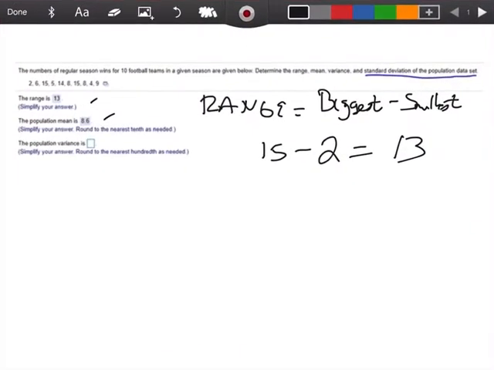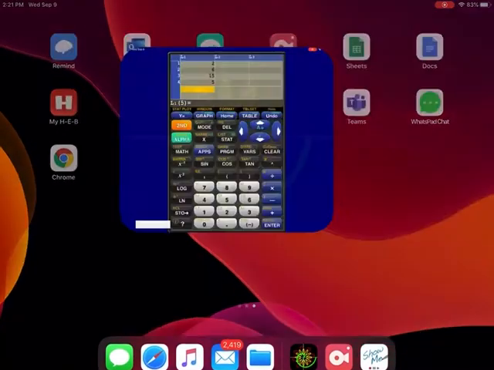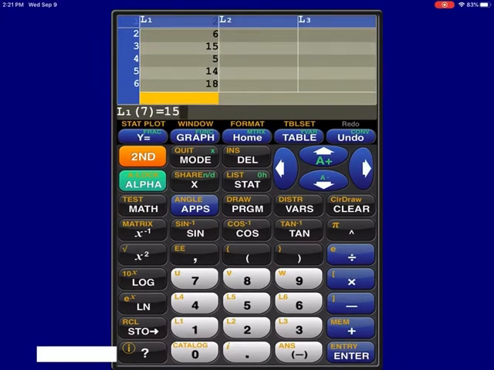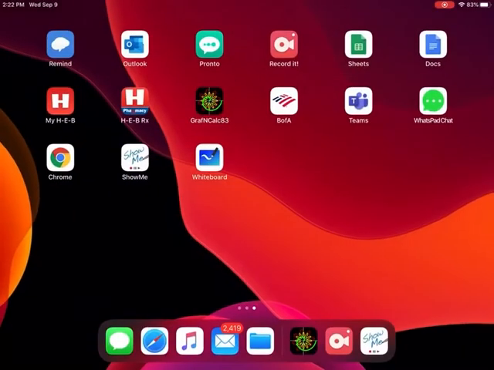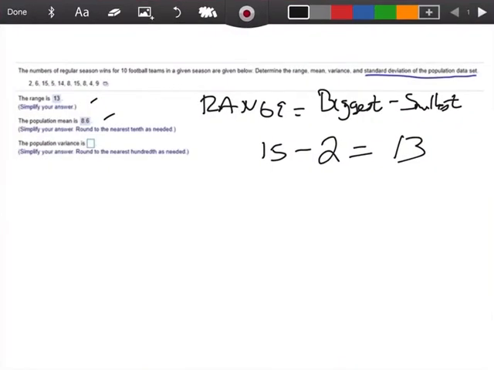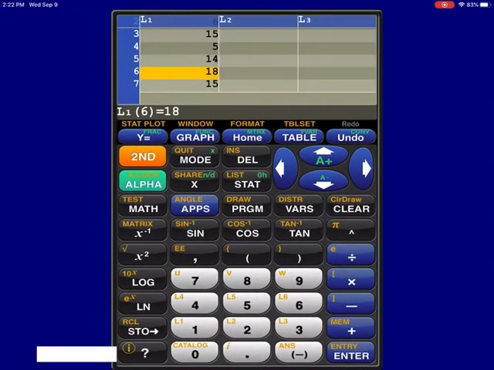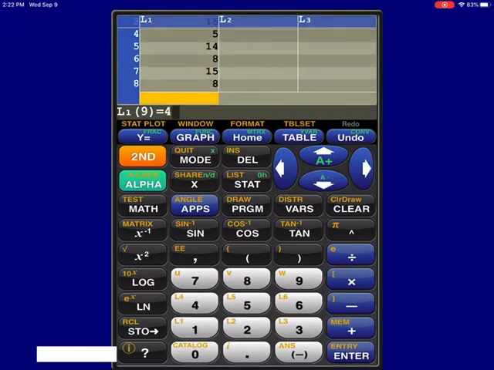Then 14, 18, 15. And one more time: 4, 8, and 15. And then the other ones, 8, 4, 9. Let me go back and fix that. This here was an 8. So 8, 4, 9.